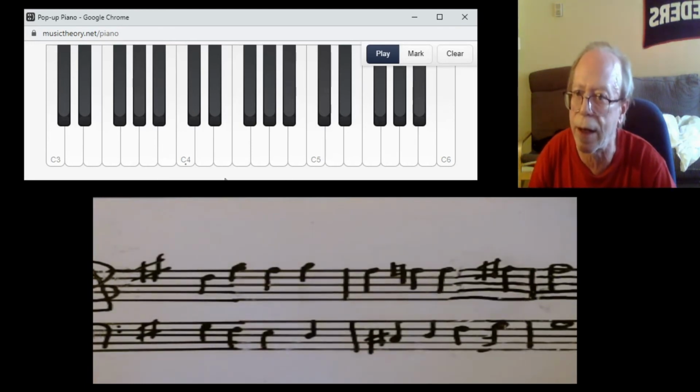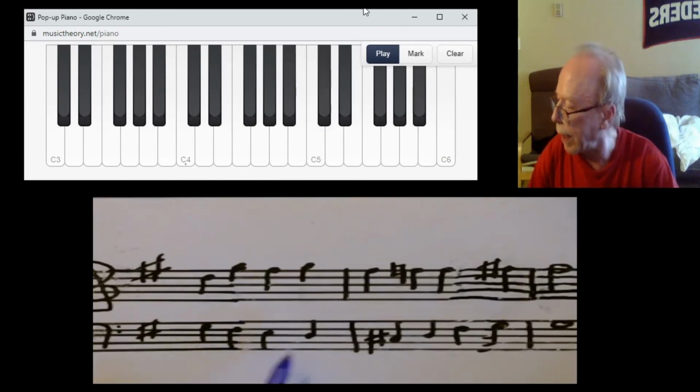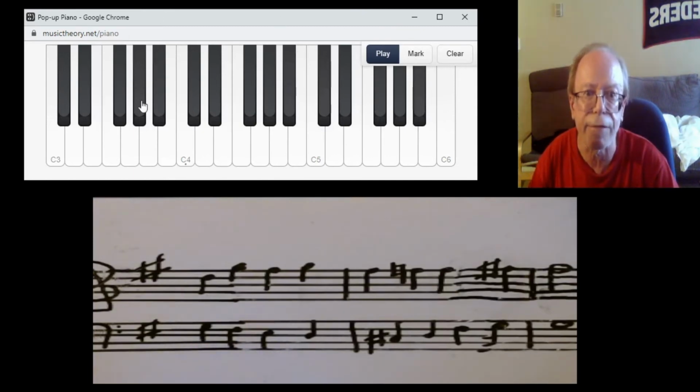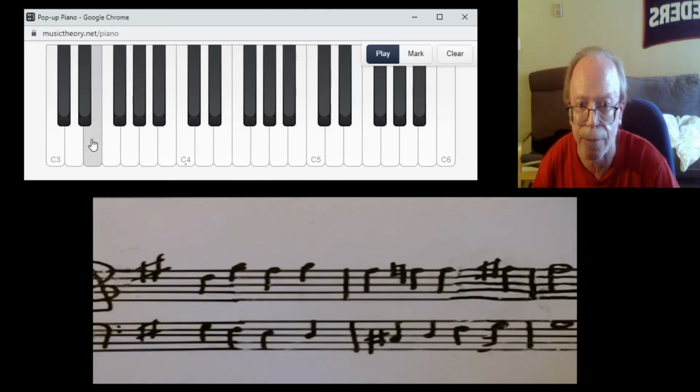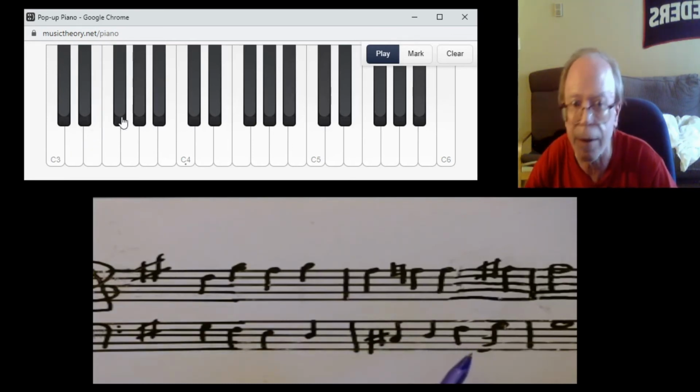Now this lower one here, this is in the left hand. That's going to be an F sharp because it was set in the key signature. But I can sharpen any note. I'm going to sharpen that C. And that's still an F sharp.